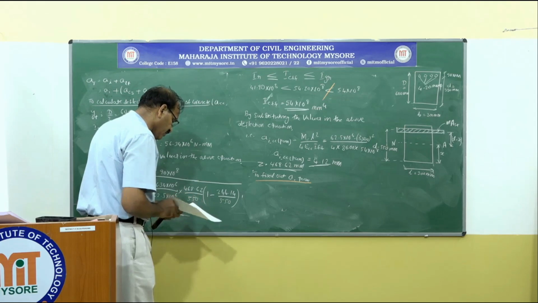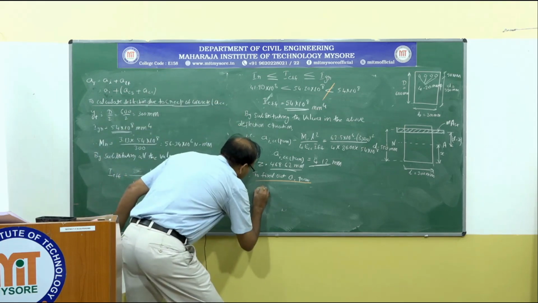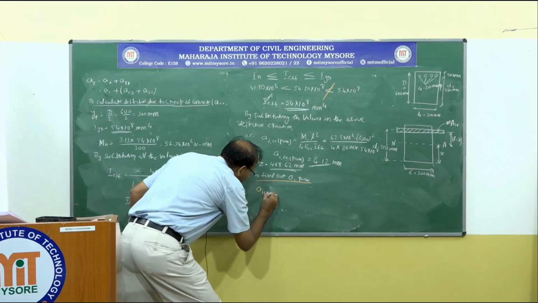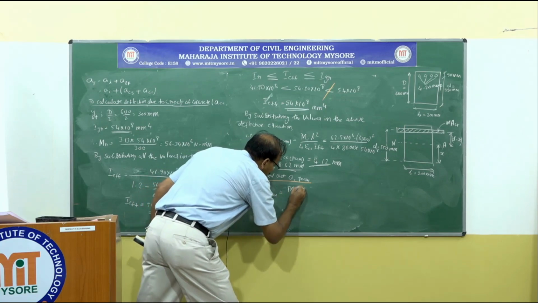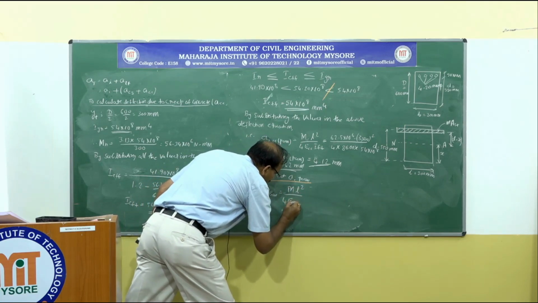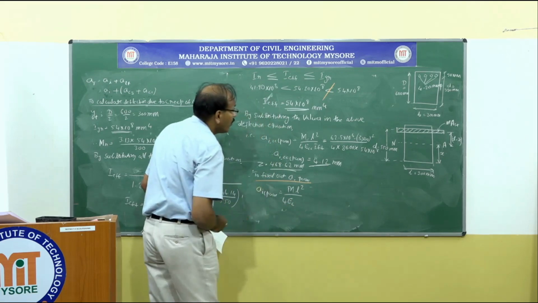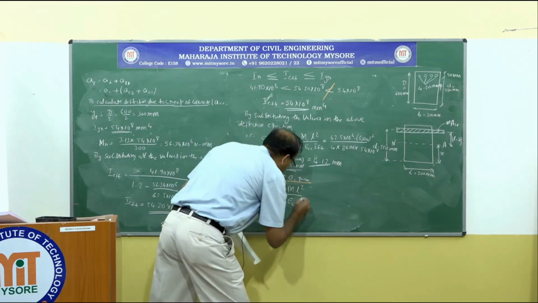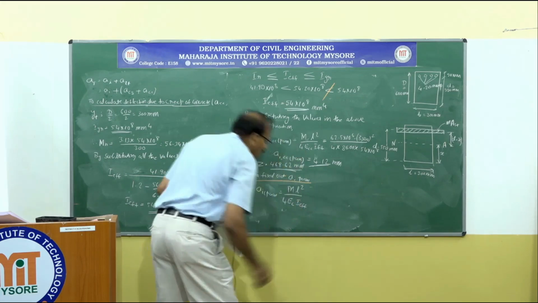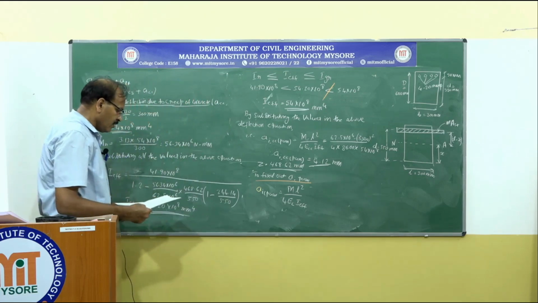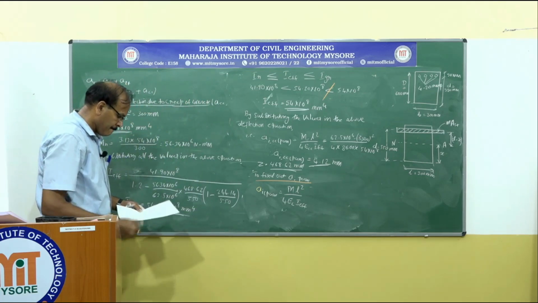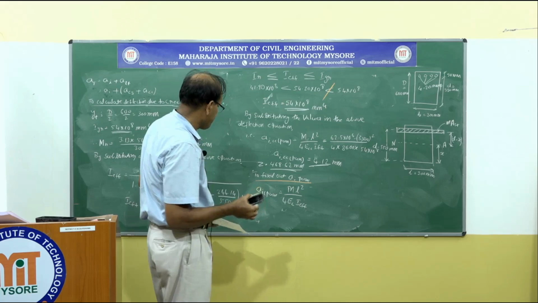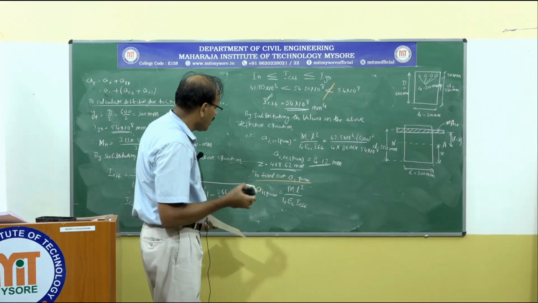By making use of the same formula, a_i permanent equals M L square divided by 4 Ec I effective.